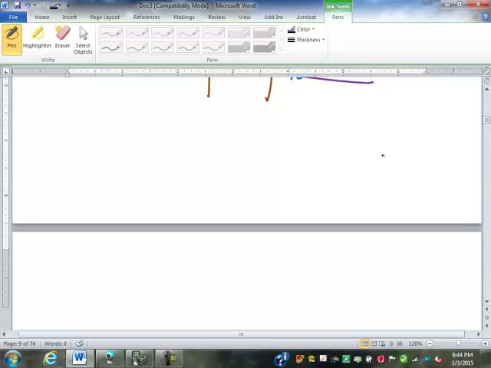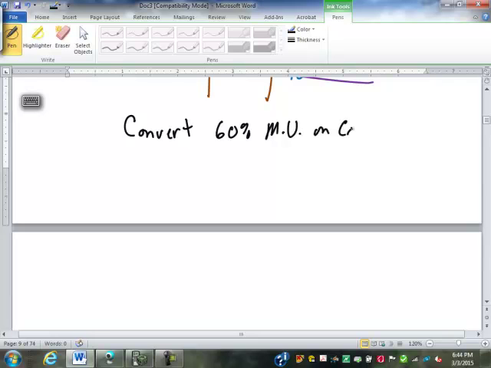So I'm going to have you convert a 60% markup on cost to markup on selling price.